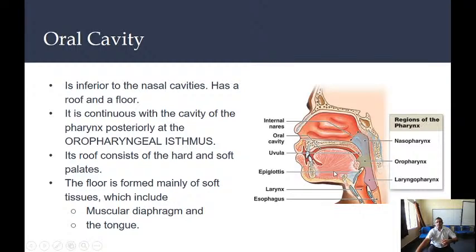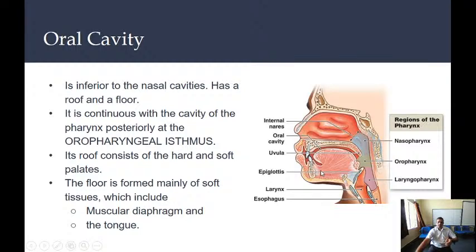Apart from these muscles, the mylohyoid, the geniohyoid, and the genioglossus, the tongue per se consists of two kinds of muscles, which we will discuss later. But it's a totally muscular organ, which also forms a part of the floor of the oral cavity.